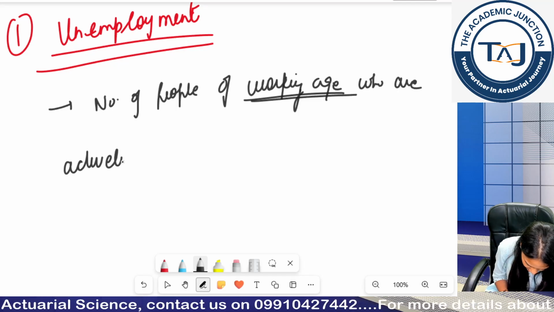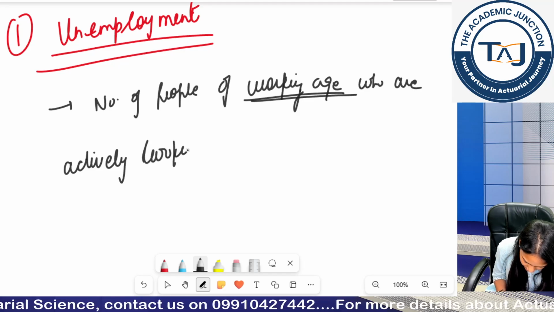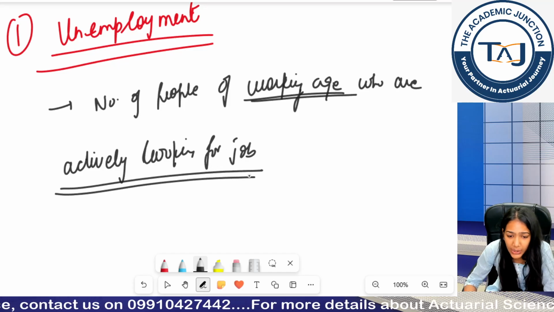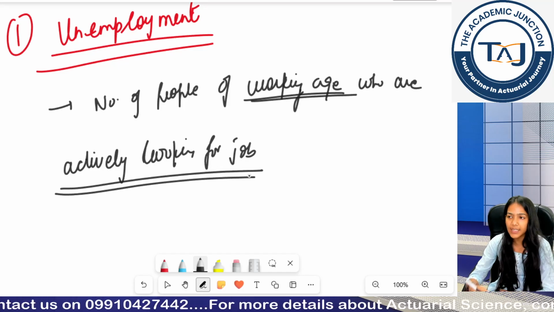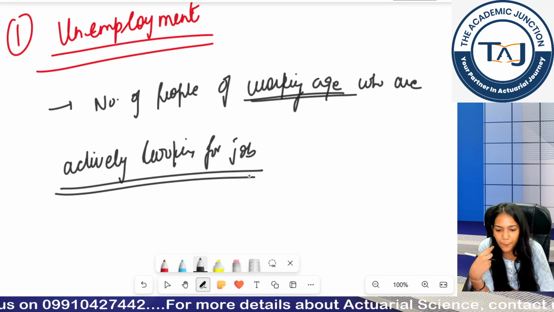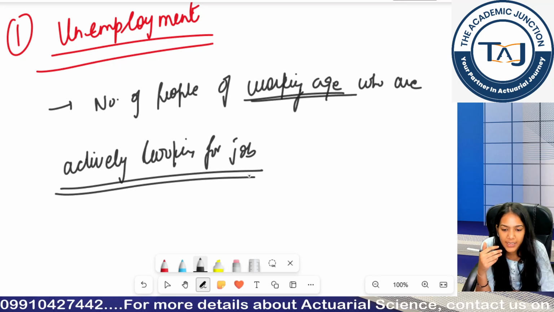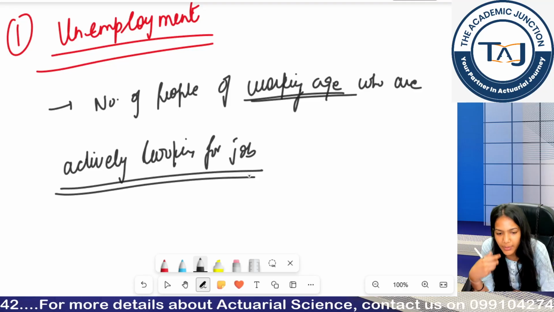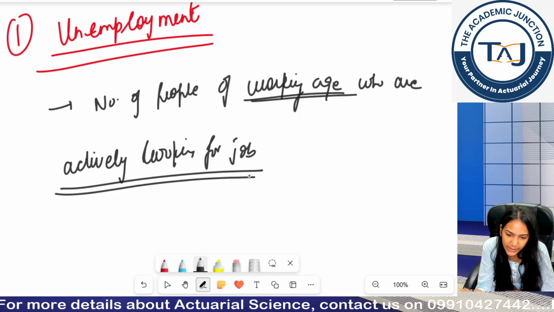actively looking for a job. This is the second keyword: actively looking for a job. Say there are two graduates. The first one is not looking for a job, he is thinking of doing a master's, for example, and the second one is looking for a job and is not getting one yet.